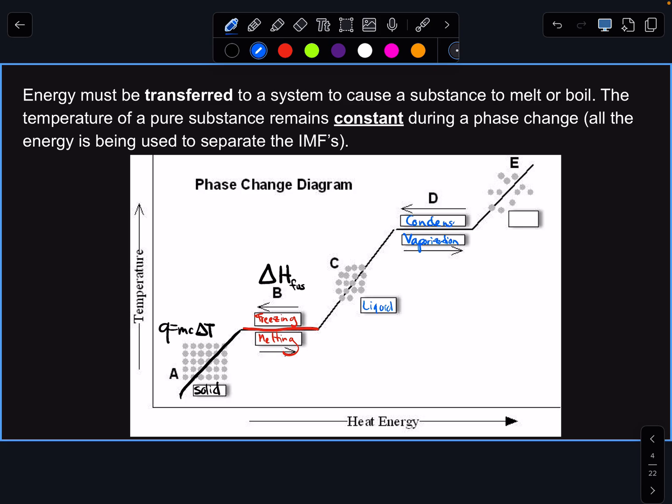This is known as the delta H of vaporization, and the delta H of condensation would just be opposite in sign. And then once the water's vaporized, it gets turned into a gas, and then of course that gas can get hotter and hotter and hotter.